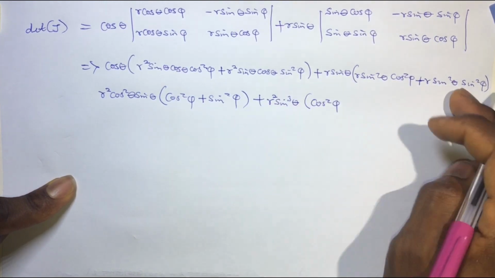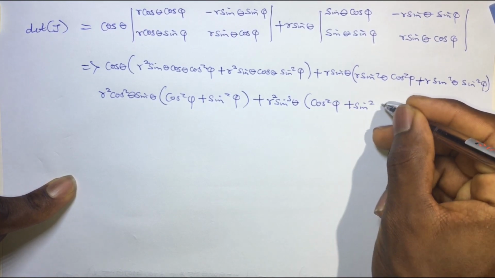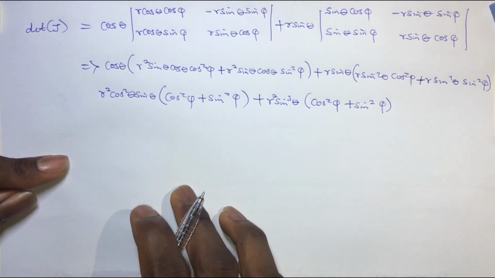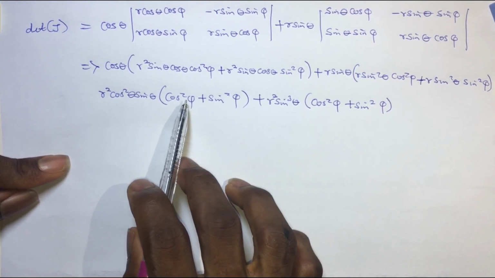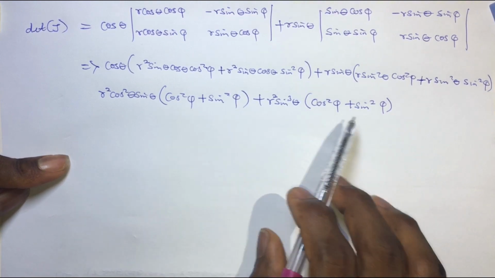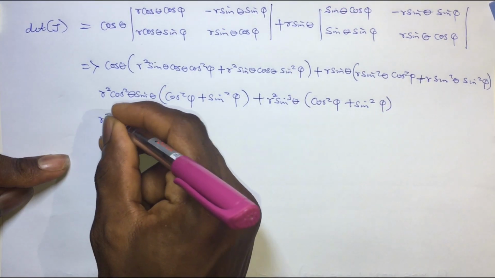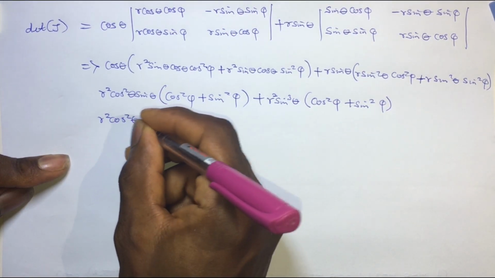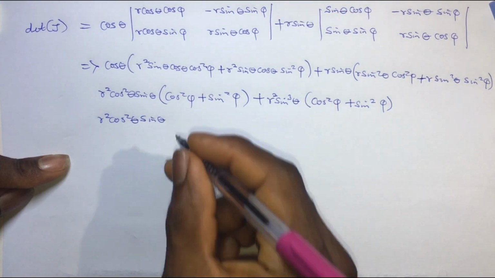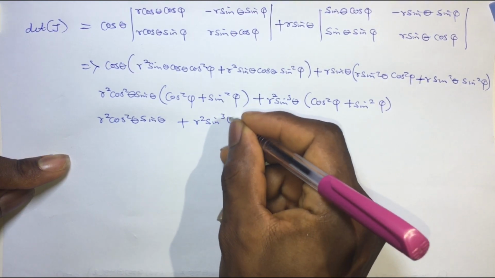And when you factorize this from this, we have plus sin squared phi. Let's continue. Now remember that cos squared phi plus sin squared phi is equal to 1. So we can see that we have r squared cos theta sin theta times 1, plus r squared sin cubed theta.